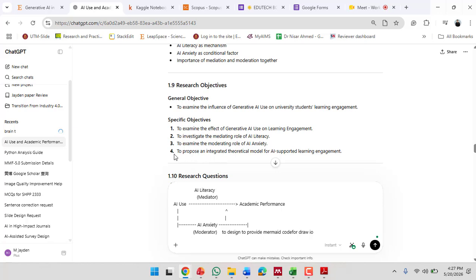Now these four objectives should be discussed in the discussion section, because you need to discuss how your results actually affect generative AI and learning engagement.